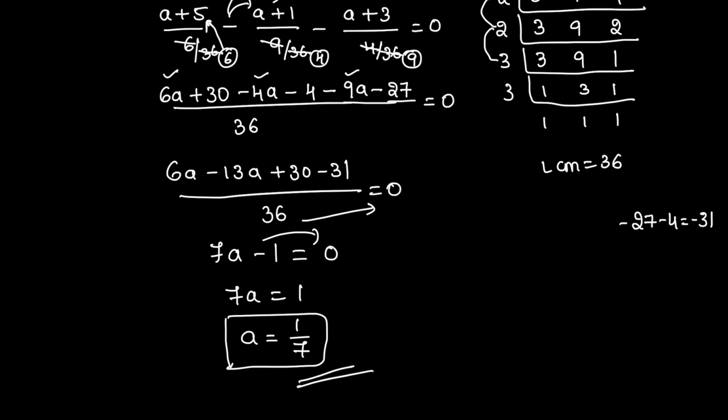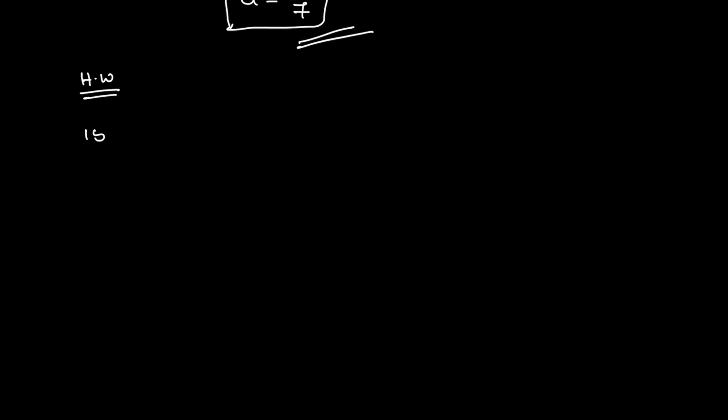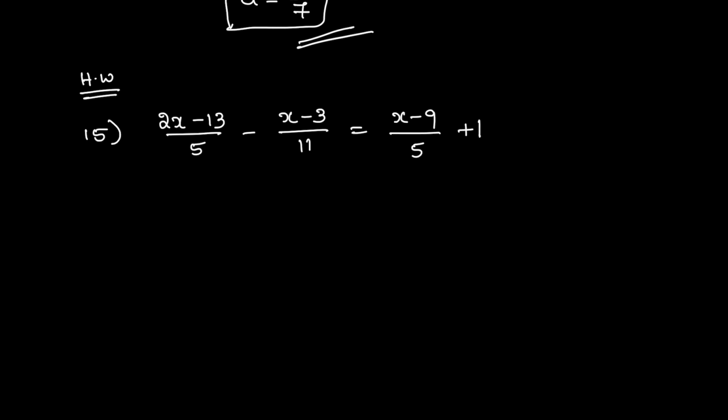So next, the 15th one. Take these few sums as homework. 2x minus 13 by 5 minus x by 3 by 11, x minus 9 by 5 plus 1.